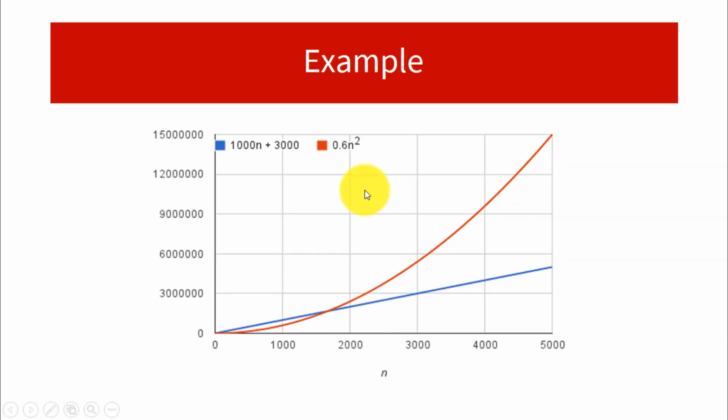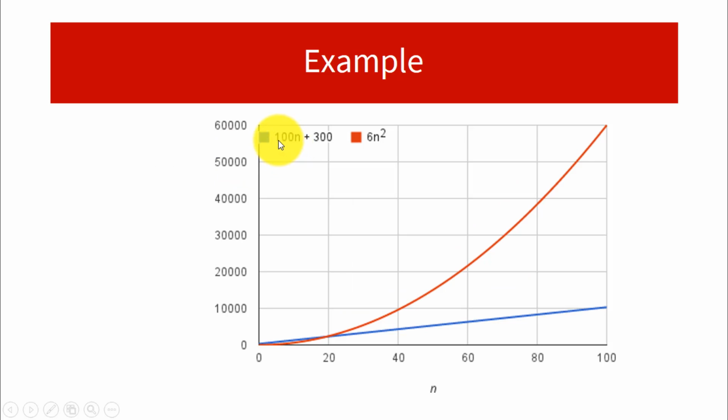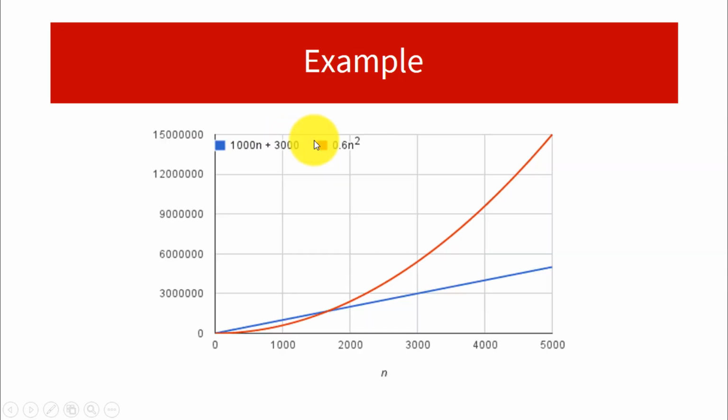And in this particular second chart, I've reduced the coefficient of the n squared by a factor of 10, and I have increased the other two terms. If you observe on the previous slide, it was 100n plus 300, but now it is 1000n plus 1000. So I have increased these two terms by a factor of 10.